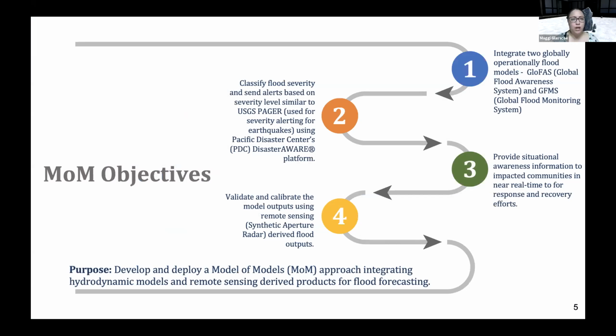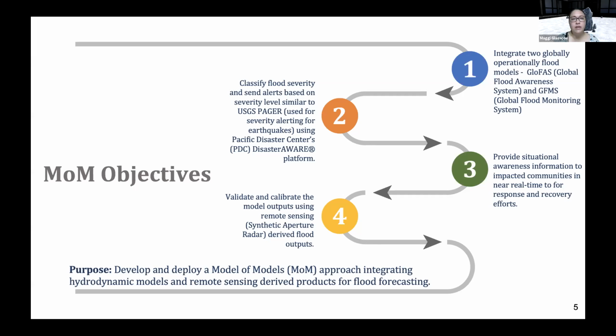The objectives of the model of models approach are fourfold, and the purpose is to deploy and develop this approach, integrating hydrodynamic models and remote sensing derived products for flood forecasting. So we integrate 2 globally operational flood forecasting models, GloFAS and GFMS.